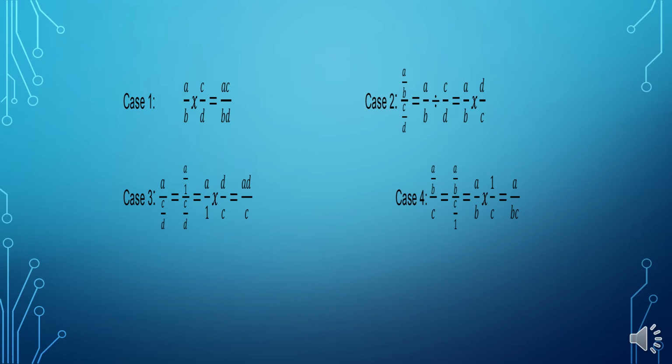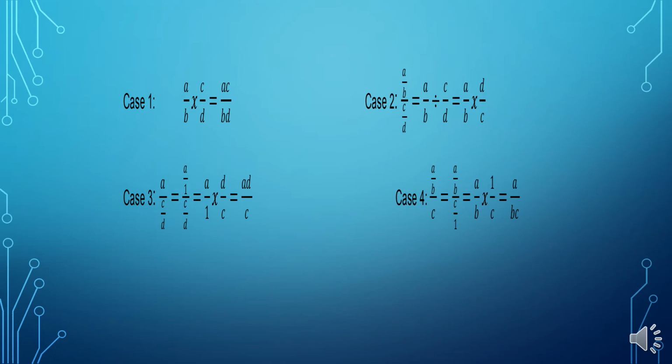Our case number 3, A divided by C over D. So as we can see, our numerator is a whole number. Meanwhile, our denominator is a fraction. So the first thing we have to do is transform our numerator into fraction form.